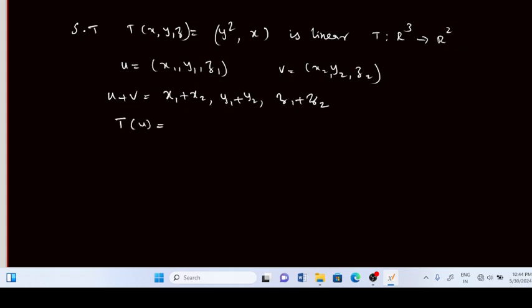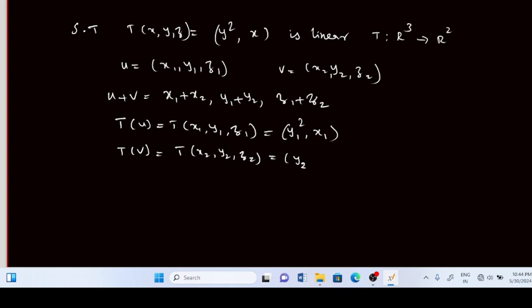T of u is T of (x1, y1, z1). We substitute these values in the given function, it is nothing but (y1 square, x1). On the right hand side z is not there, no problem, and T of v is T of (x2, y2, z2), which is (y2 square, x2).